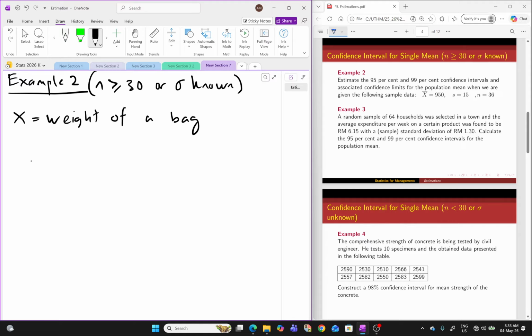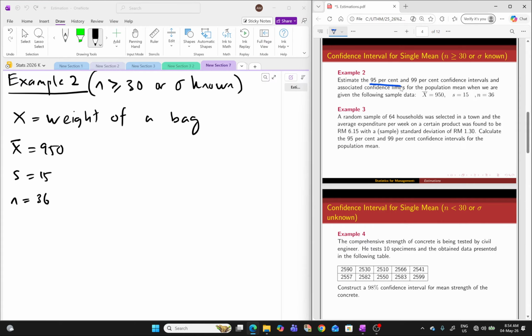What is the information we get from the sample here? Sample mean is 950. S is 15. N is 36.